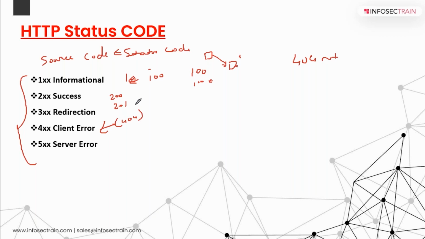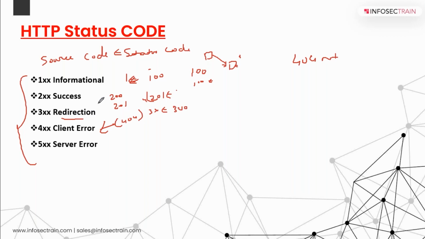When we receive 200, that means OK status. Whatever we are sending to the server, it is understanding and accepting, but we didn't get any reply, so we may get a 201 reply from the server side, bad gateway or something like that. Then we have 3xx, starting with 300. It's redirection.